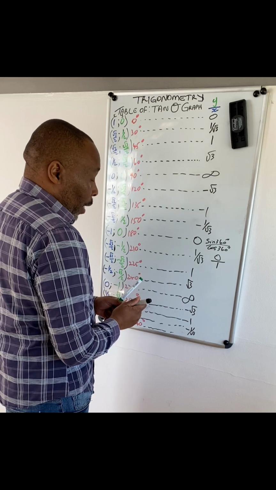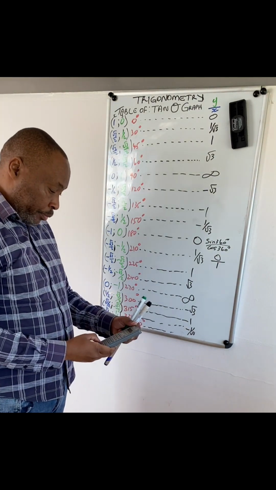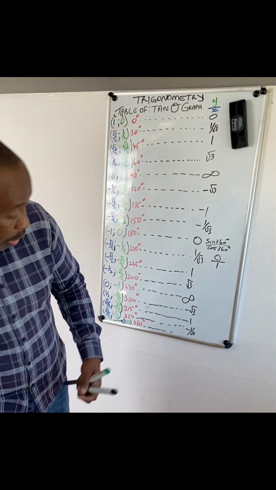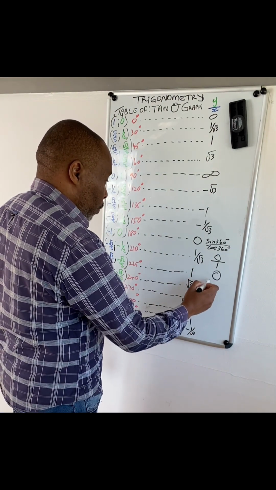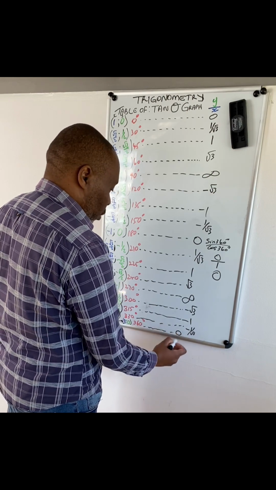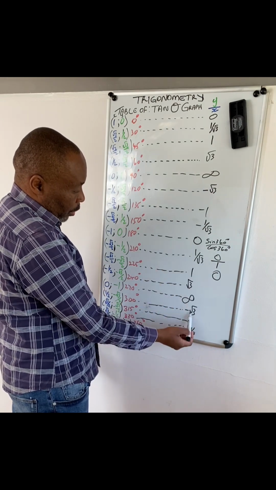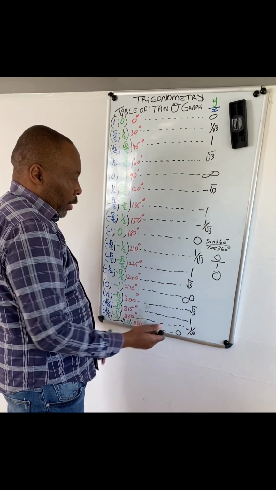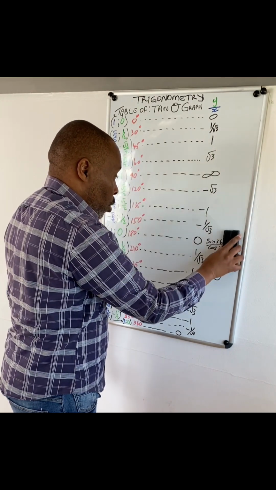And 0 divided by 1 is 0. Therefore, at 360 degrees, the tangent is 0. You can see it makes sense. It moved from here to root 3, to minus root 3, minus 1 over root 3, and then it goes back to 0.